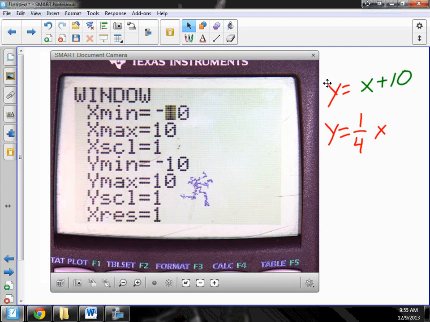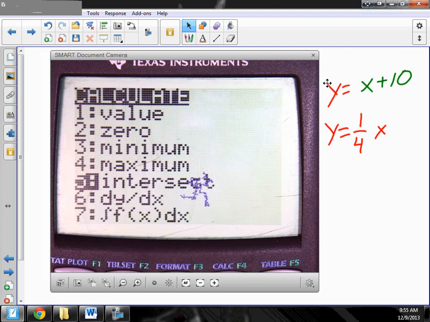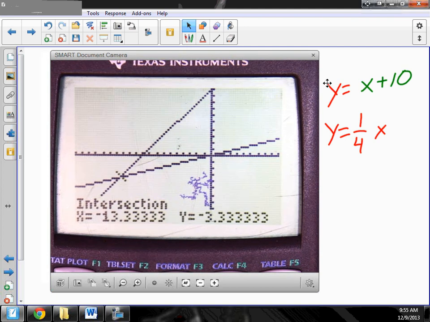The x min, and let's change it to, I don't know, negative 20. Negative 1,000 would work, but might be a little bit overkill. So second calc intersect, enter, enter, enter, and there's the intersection. So as long as your domain is wide enough, it will find the answer even if it's off the screen. If your domain is not wide enough, it's going to give you an error.